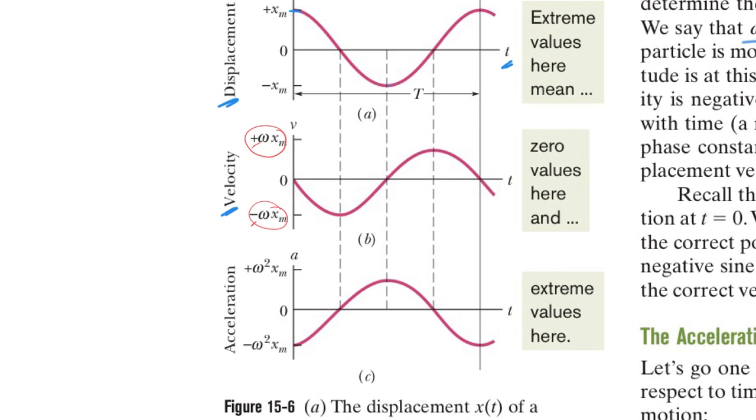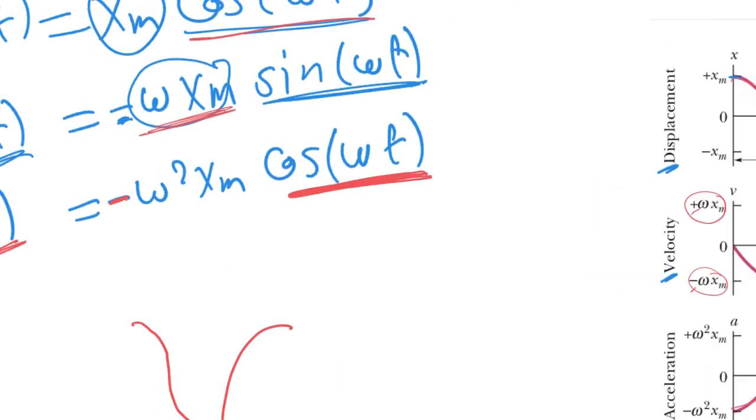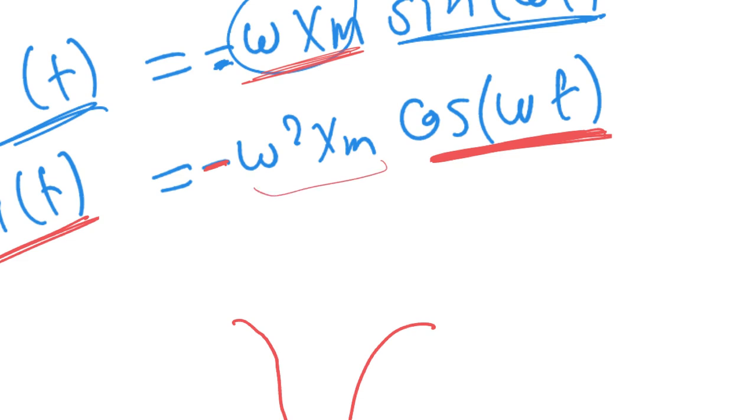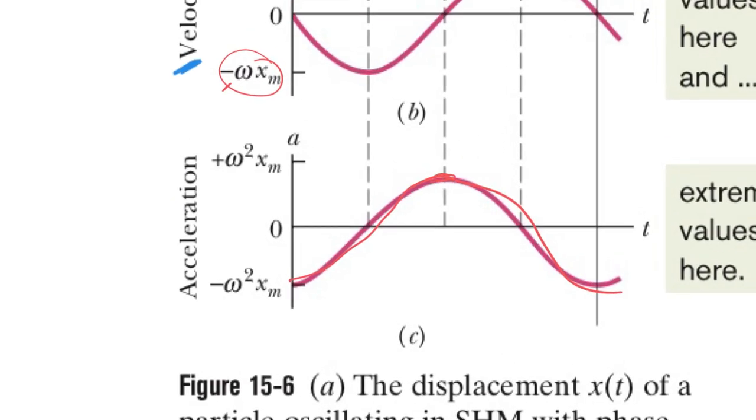So look here, this is the cosine and this is the minus cosine. It's inverted. And the amplitude of the acceleration, or the highest value of the acceleration, is omega square xm. And because of that, we write here it reaches omega square xm, and here minus omega square xm.